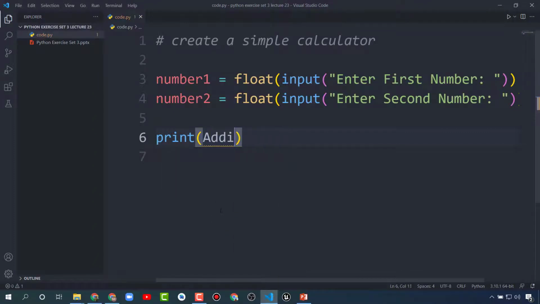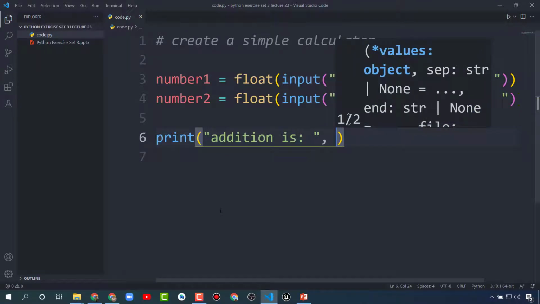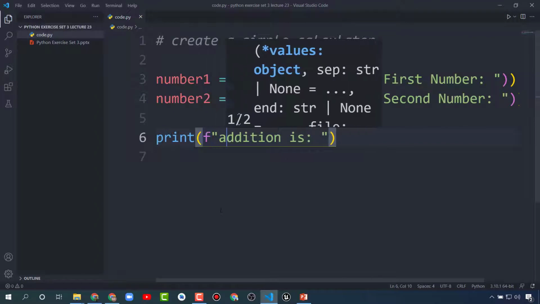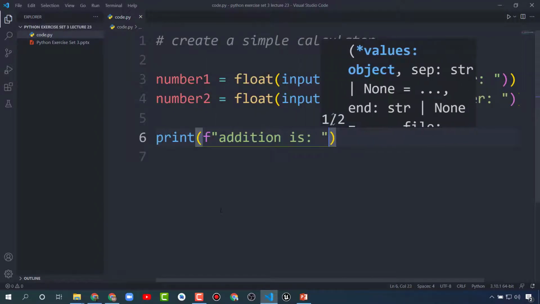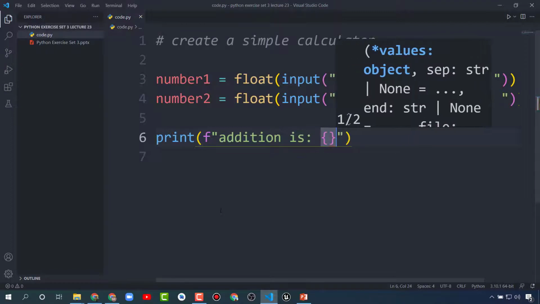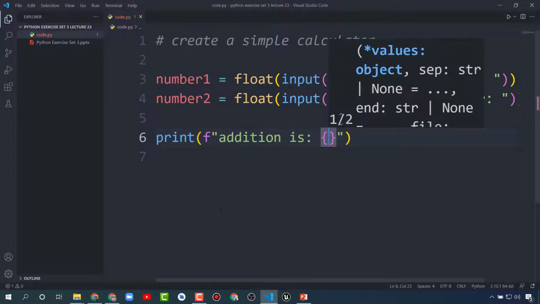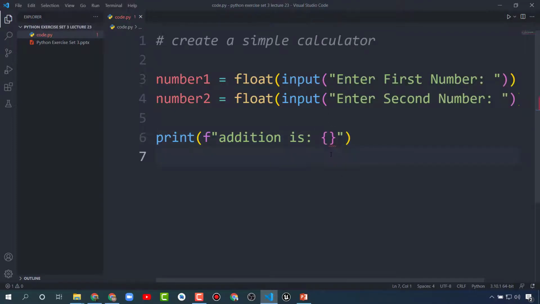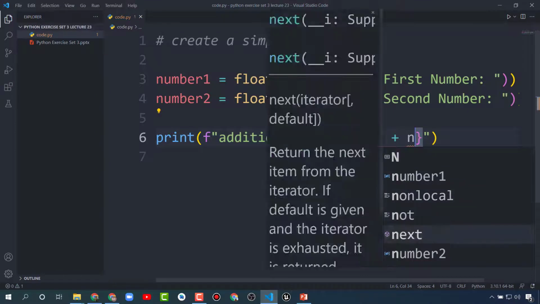Addition is, so we write, I am using a string, I am formatting the string and using a placeholder. Number 1 plus number 2.